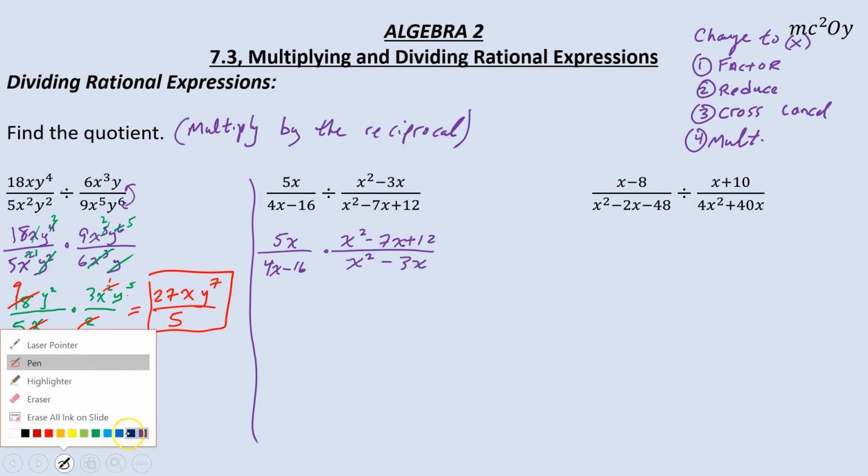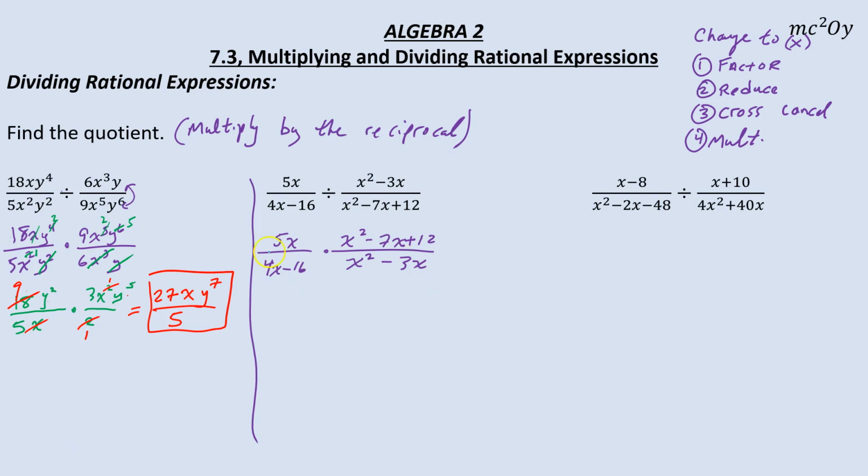I can't factor 5 times x, already done, but the 4x minus 16 could be 4 times x minus 4. This right here looks like we can go x minus 3 and x minus 4. And this x squared minus 3x could become x times x minus 3.